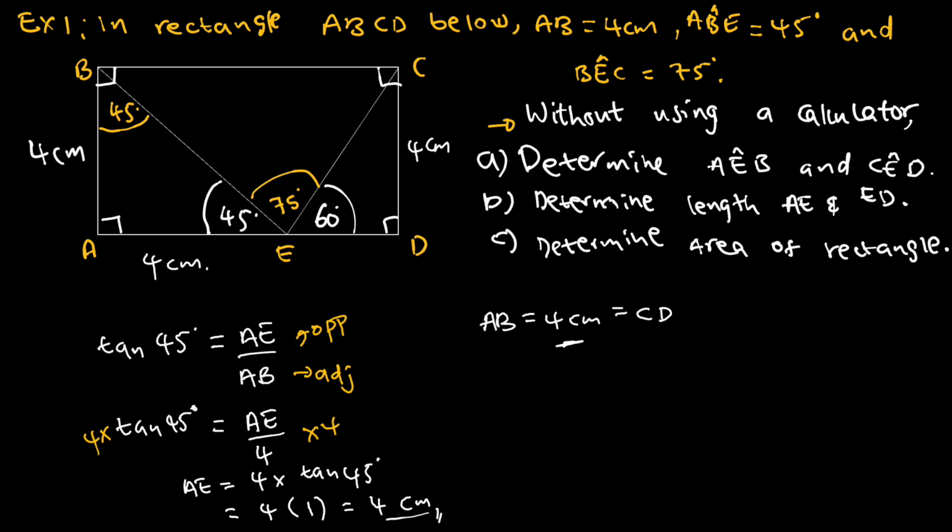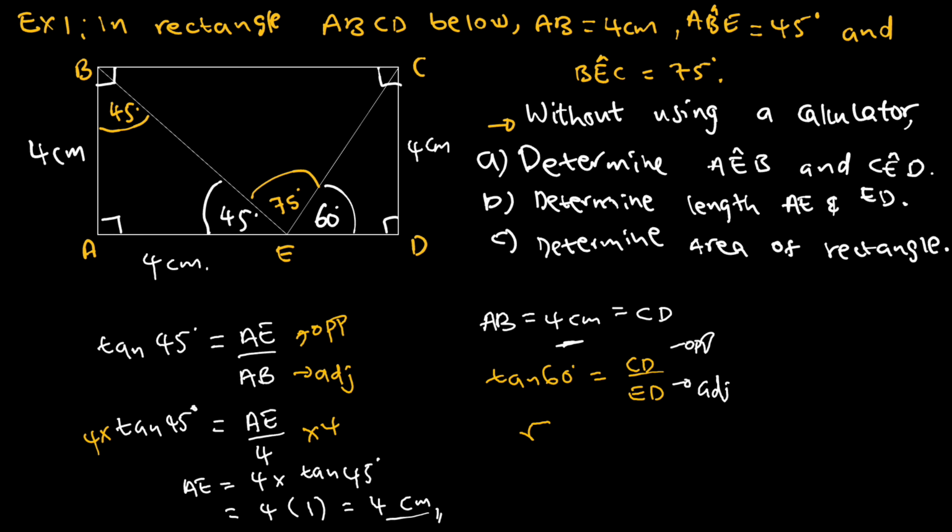Now what do I know? I know this side and I have this angle and I'm looking for this one. So I'll use tan again because it's opposite and adjacent. Tan of 60 is opposite CD over ED, with CD opposite and ED adjacent.